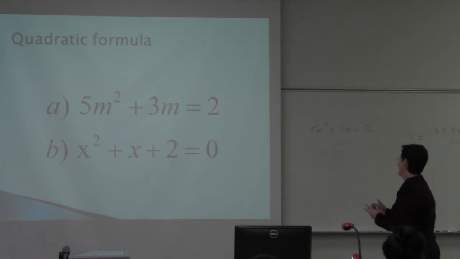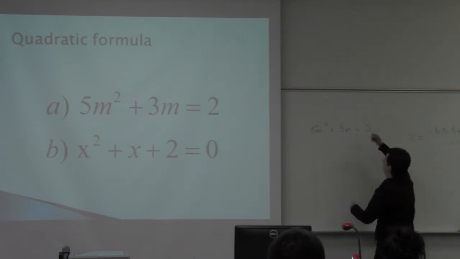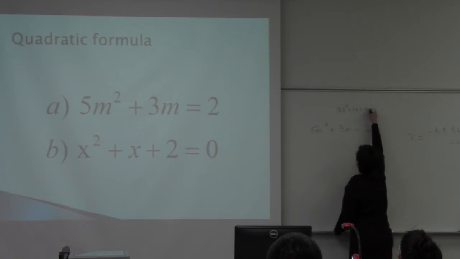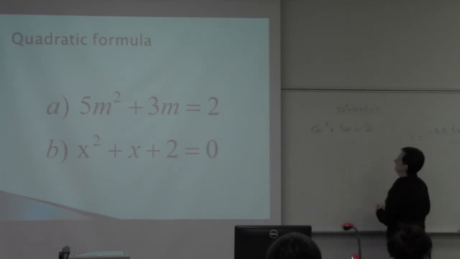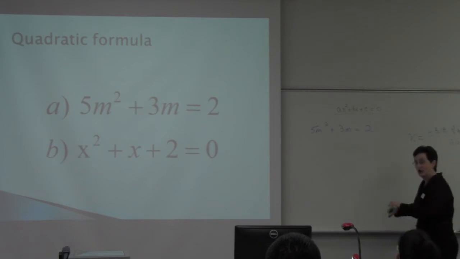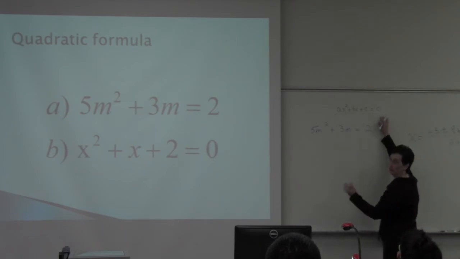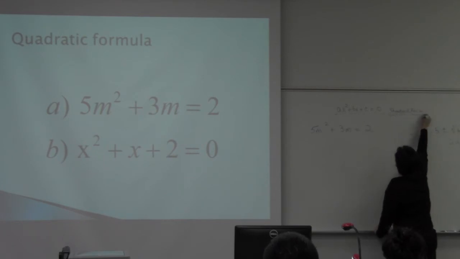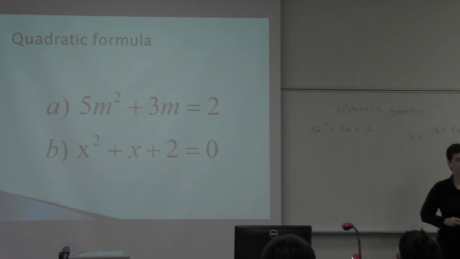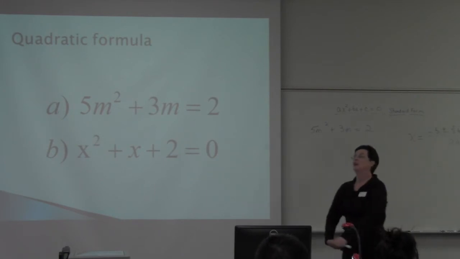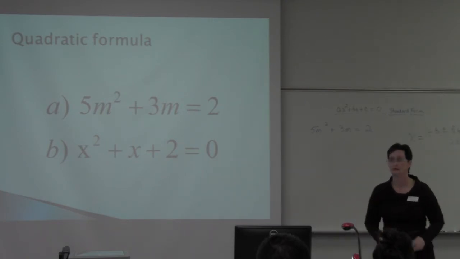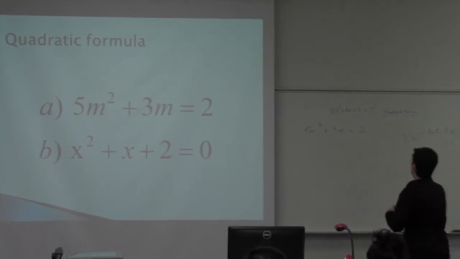Way back at the beginning, what did we start with? We started with ax squared plus bx plus c equals 0. In other words, in order to use the quadratic formula, your quadratic has to be in standard form. Is this in standard form? No, it is not. So we have to put it into standard form. So what do we need to do on that first one? The 2 needs to move.